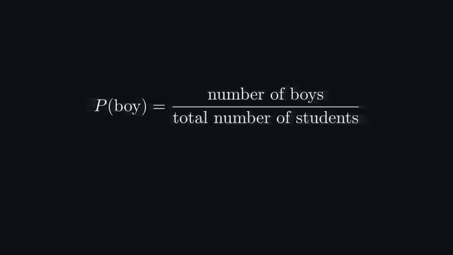Probability of boy equals number of boys over total number of students. Probability of boy equals 42 over 96.